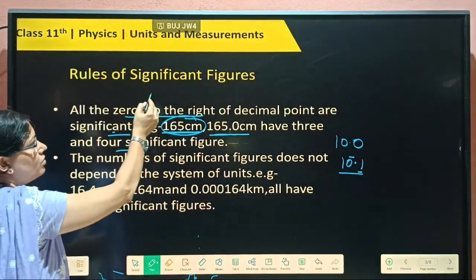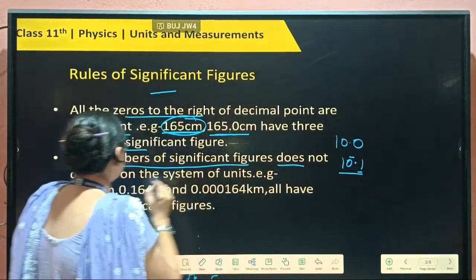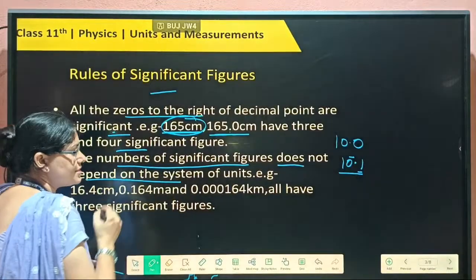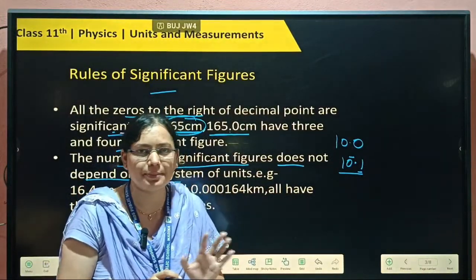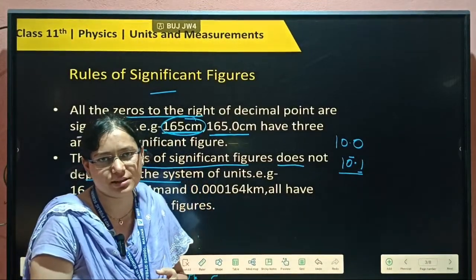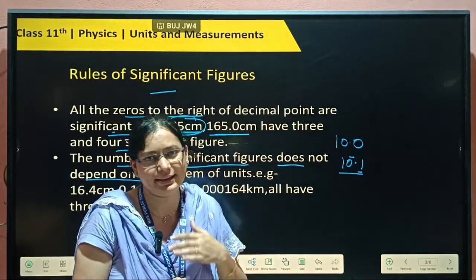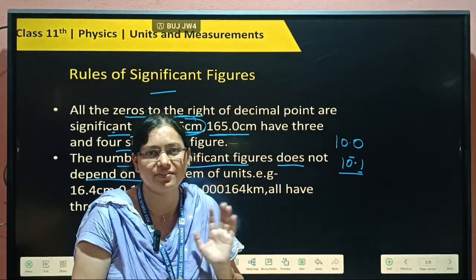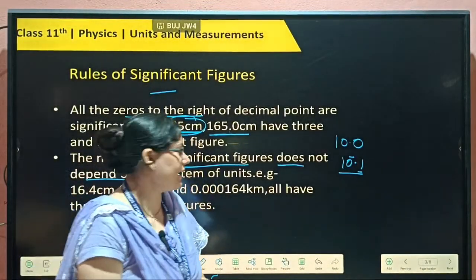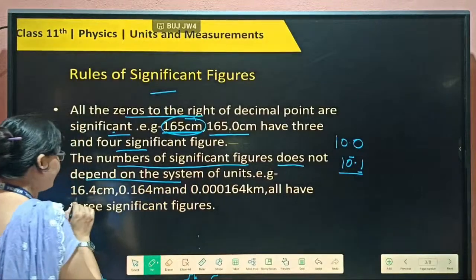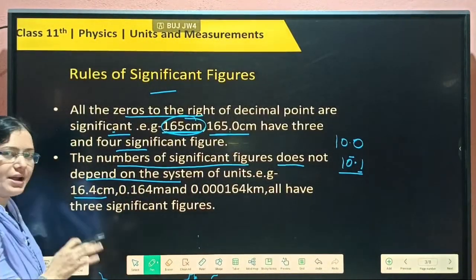Next rule to find significant figures: the number of significant figures does not depend upon the system of units. If we write any number, and then write that same number in a different unit, the significant figures will not change. Clear? Okay, for example, we write here 16.4 centimeter.